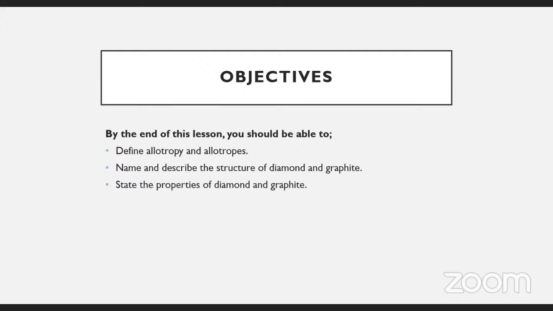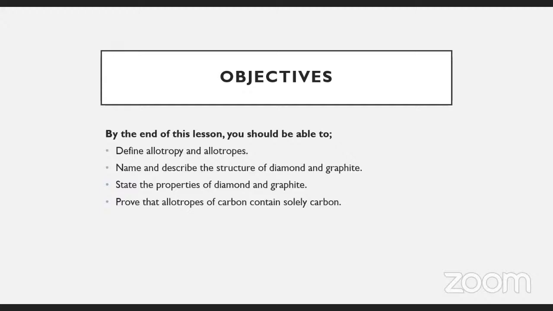Also be able to state the properties of diamond and graphite. We can also be able to prove that allotropes of carbon contain solely carbon. What do we mean here? We want to confirm or give a proof as to why we say diamond or graphite is made up of carbon. So we need to perform a demonstration or perform an experiment to confirm that.